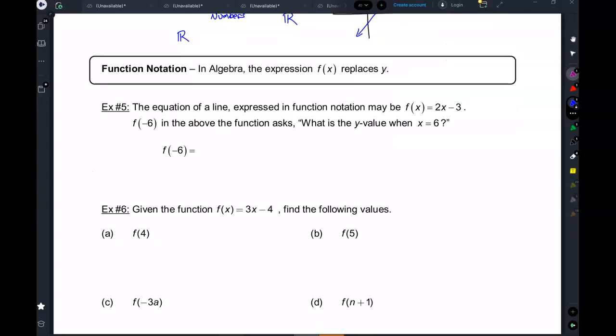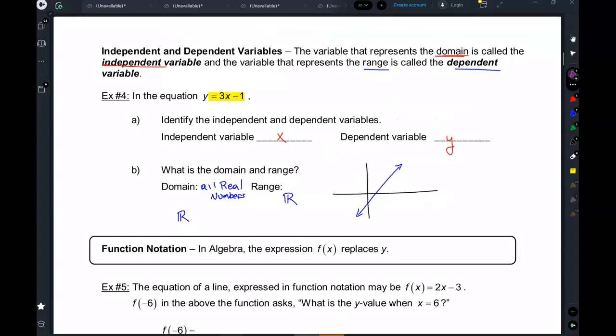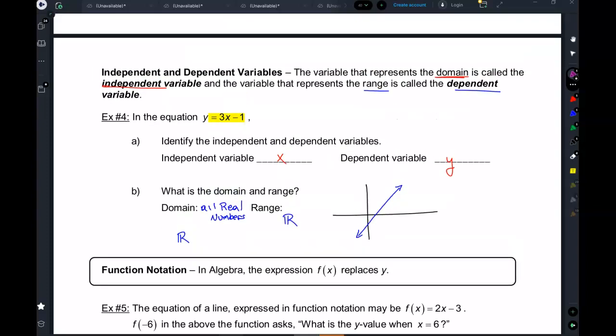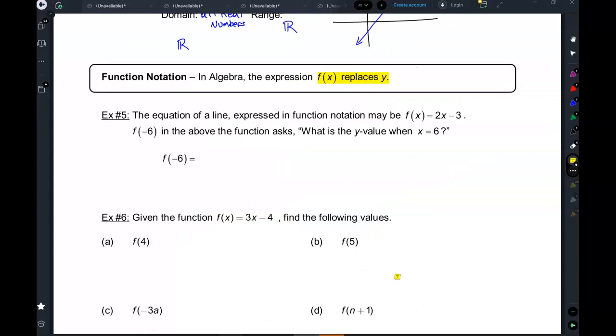All right. Let's do some function notation. Here, I have a function, an equation, y equals blah, blah, blah. But in algebra, sometimes instead of the y, we write f of x. You guys have seen that before, right? So when I have a function like this, f of x is equal to 2x minus 3.